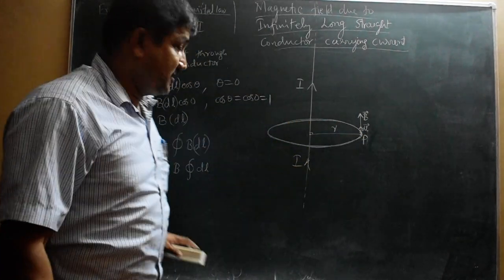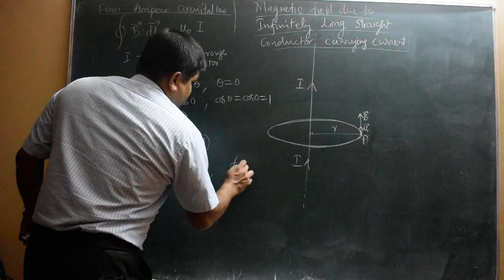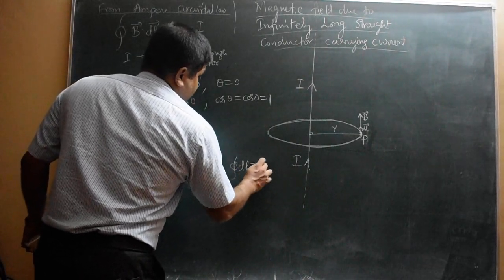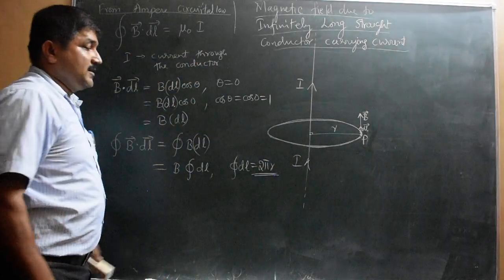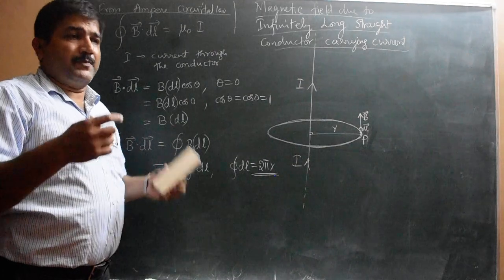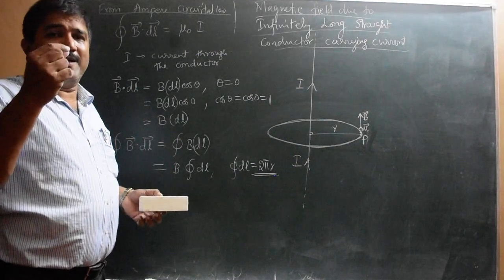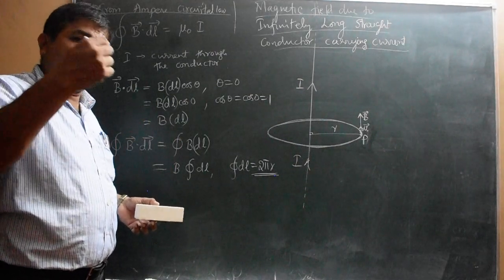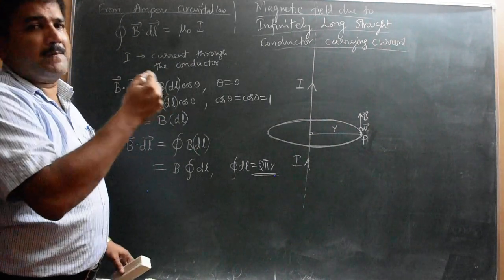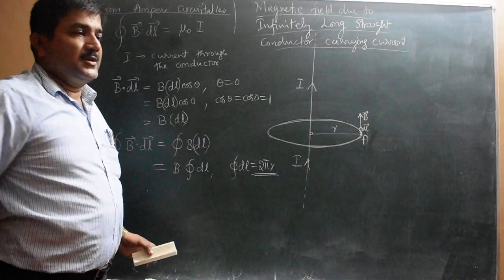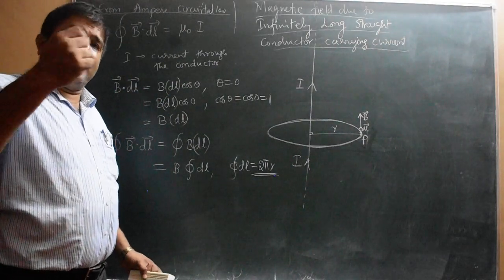So the line integral of dl is nothing but 2 pi r, the circumference of the loop. That means you are adding a small elemental length, again a small elemental length, another dl like that, for the entire loop, completely adding all dl values. It may be 1 millimeter, 1 millimeter, 1 millimeter.